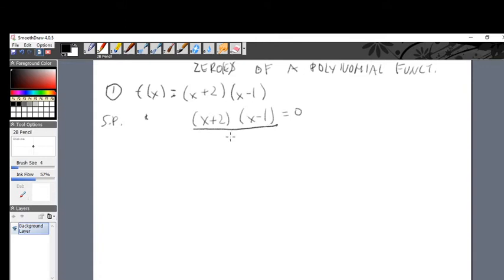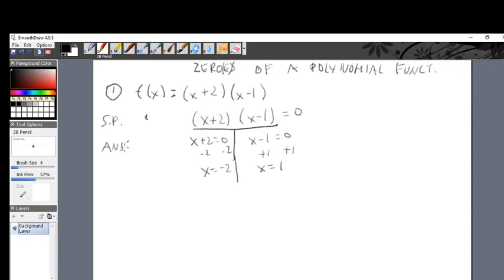Solving quadratic equations with factoring. We set up the T formation: x plus 2 equals 0, x minus 1 equals 0. Minus 2 on both sides, x equals negative 2. Plus 1 on both sides, x equals 1. And here we have our answer.